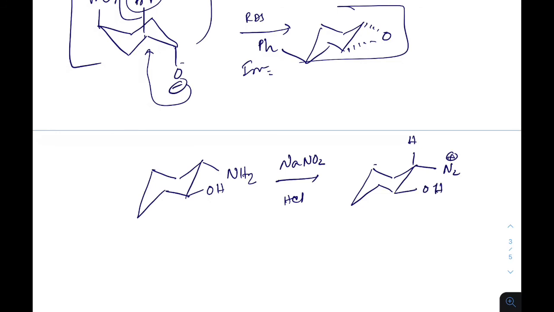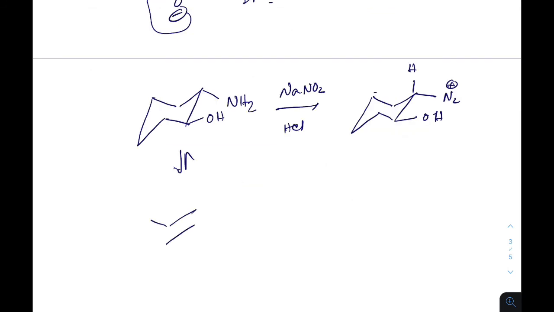In this case there will be both products because it will randomly flip, and the flipped version also will be stable due to the anomeric effect. I will discuss that kind of effect. So don't think both are axial, therefore this is unstable. No, it is also stable due to the anomeric effect. I will discuss that.